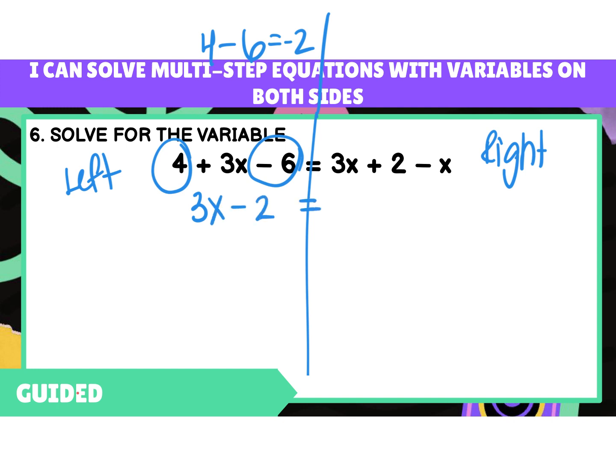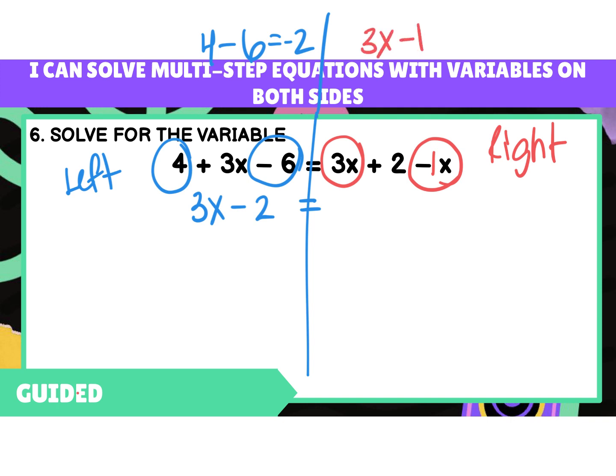Now on the right side, what matches? And I'm actually going to change the color here. On the right side, we know our 3x matches with our minus 1x. So 3x minus 1x will give us 2x plus 2.